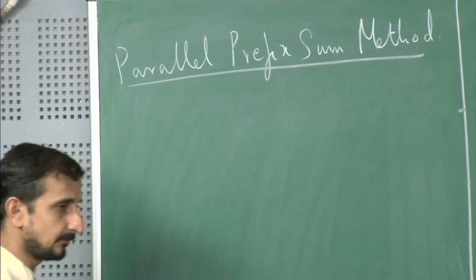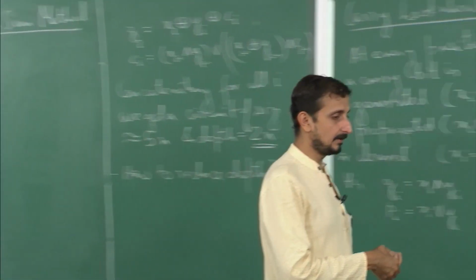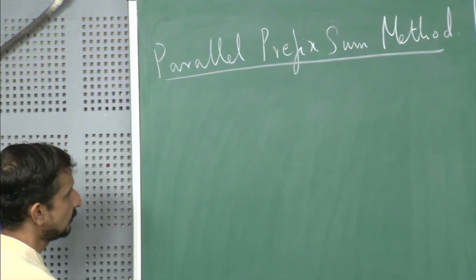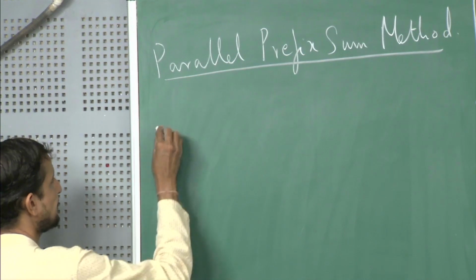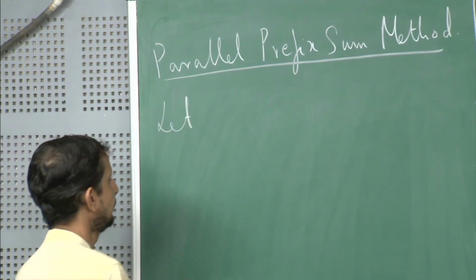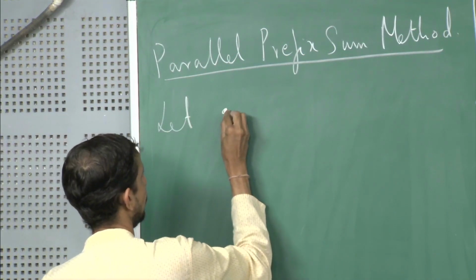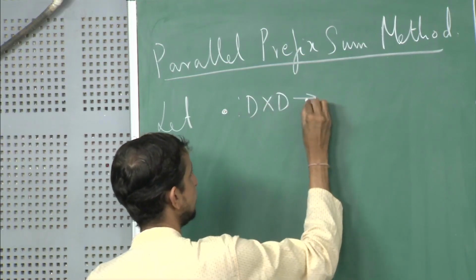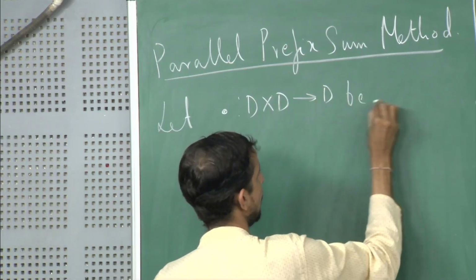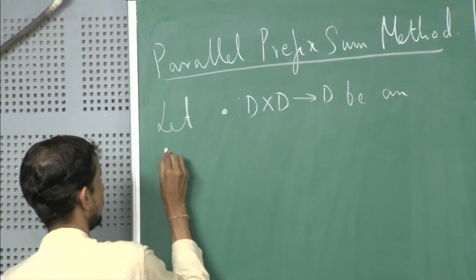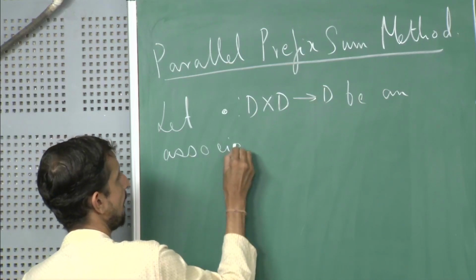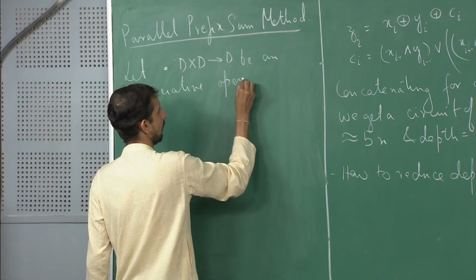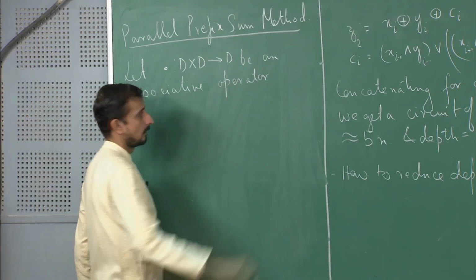So, for this method we will first define a few things. Let this dot, from D cross D to D, be an associative operator.